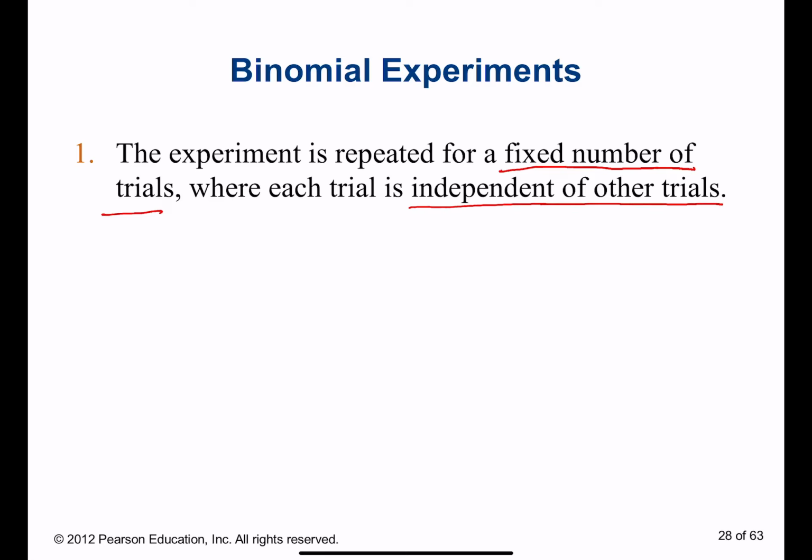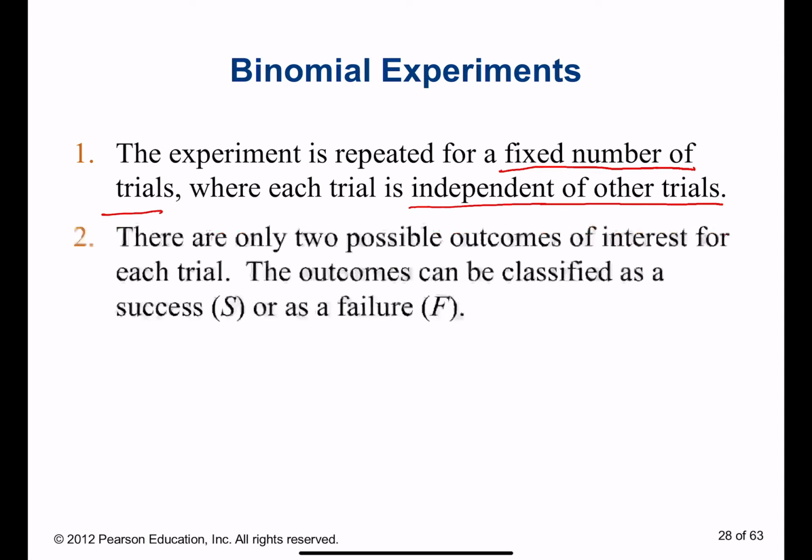So the occurrence of one trial has nothing to do with the occurrence of another trial, and it has to be a fixed amount. For example, if I go to the beach to see, let's say, dolphins for 5 days, that's a fixed amount. But if I say I went to the beach for more than 5 days, that is not a fixed amount. More than 5 days, how many days? God knows, right?